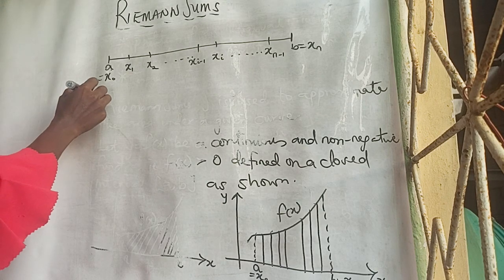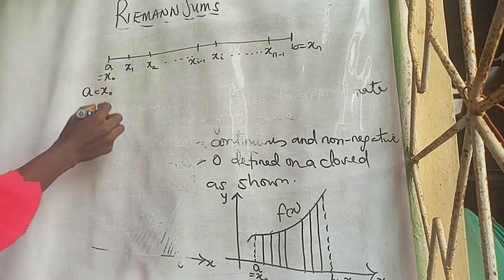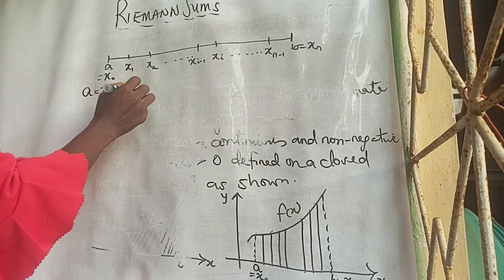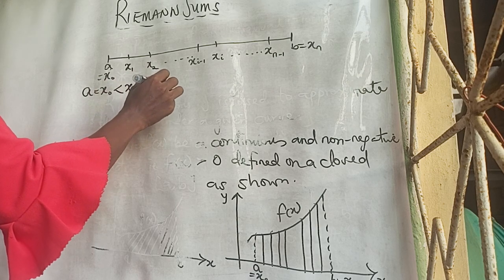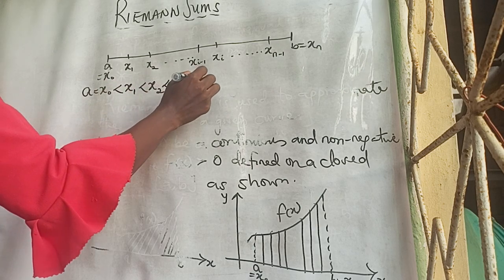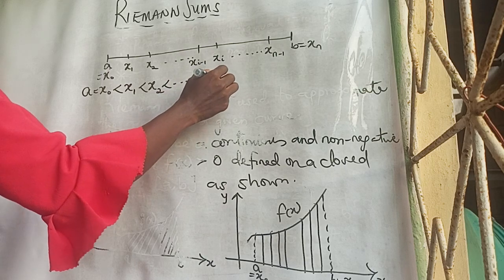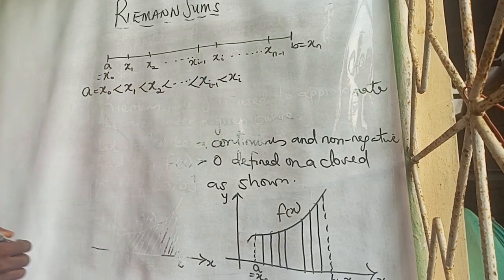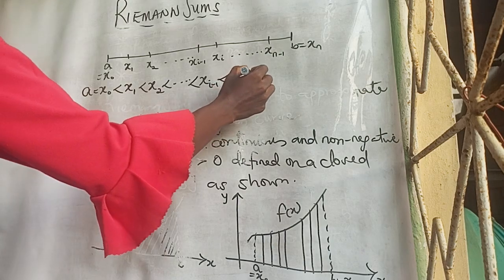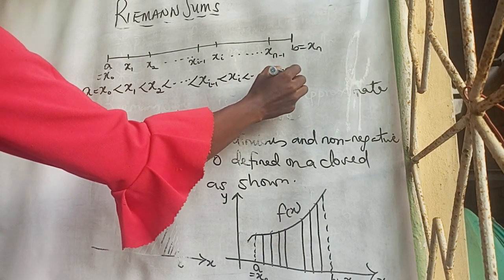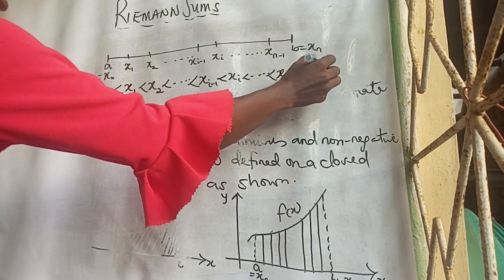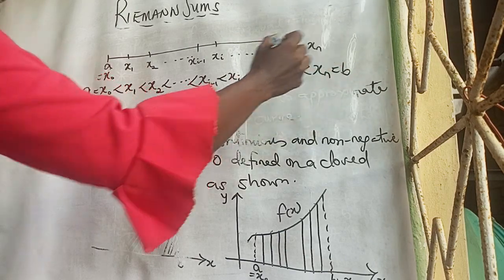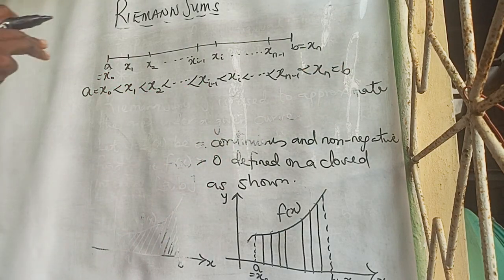That tells us that our A, which is equal to x of 0, is less than x of 1, less than x of 2, less than x of i minus 1, which is also less than x of i, and that is also less than x of n minus 1, which is less than x of n, which is our B. So what are the sub-intervals?